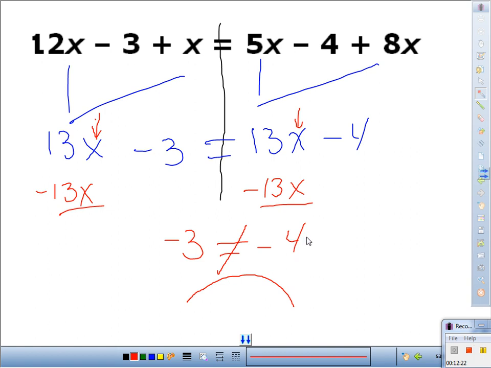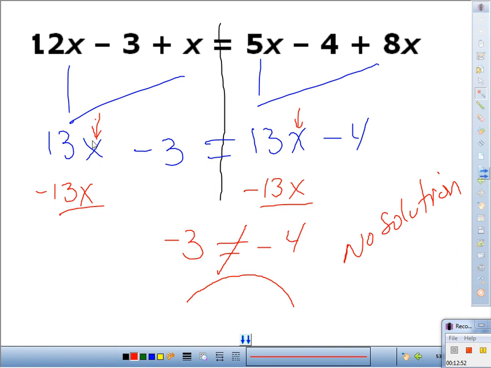So what would be the solution or the answer to this equation? Gavin? No solution.